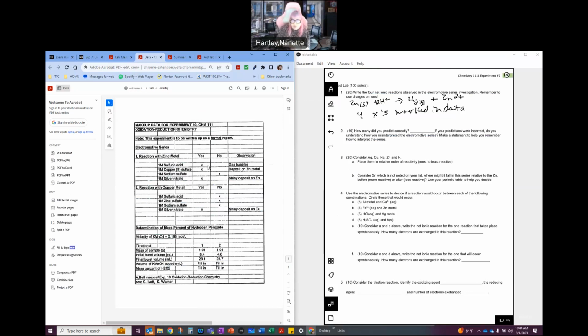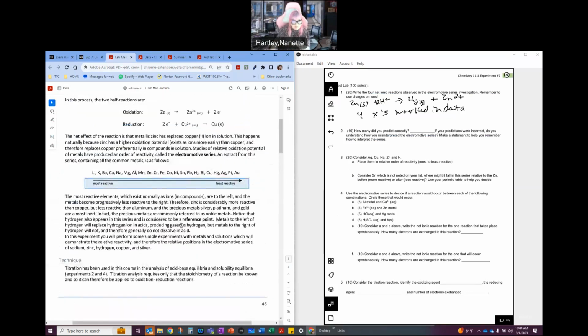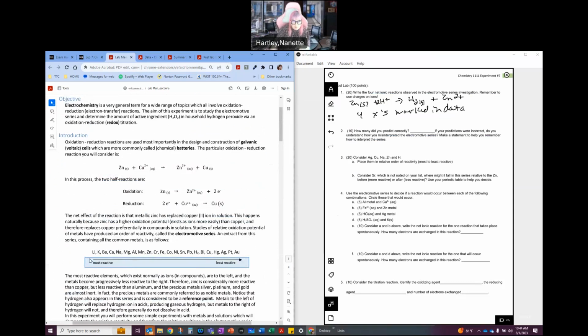Consider Ag, Cu, Al, Zn, and H. Place them in a relative order of reactivity, most to least reactive. What we're talking about is this. So you'll see the most reactive is here, the least reactive is here. So you're being asked to rank those. Now, some of these are already on here. Now you're asked to rank Sr, which is not noted in your list.